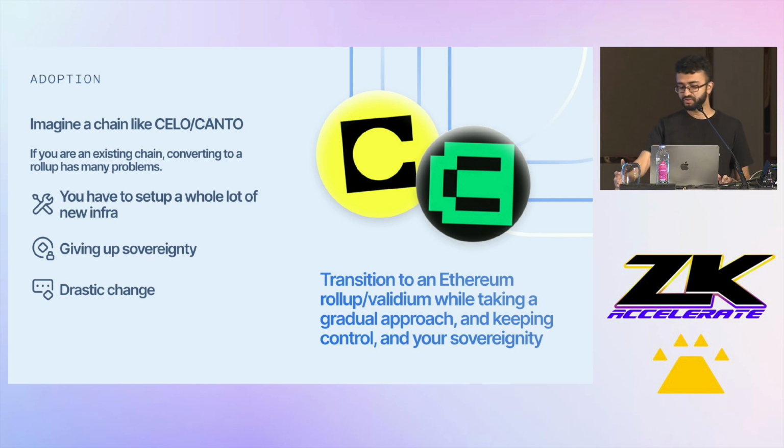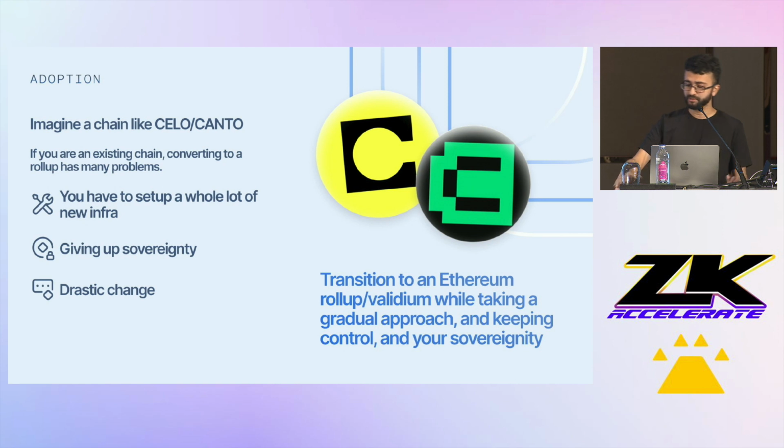It's a big decision right now because you have to give up this infrastructure and set up a new one. The model we are proposing here provides a very gradual and slow transition to becoming an Ethereum rollup or Validium, a gradual process that doesn't give up your sovereignty or control in the entire process.